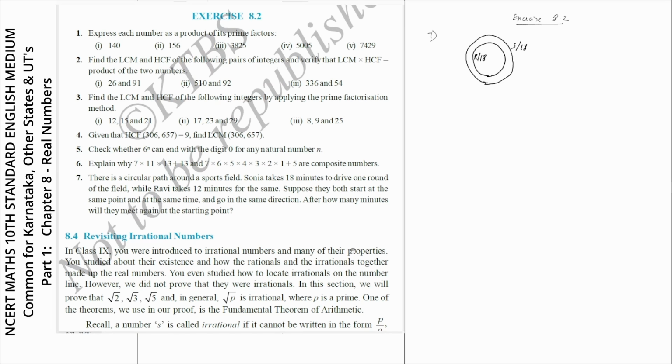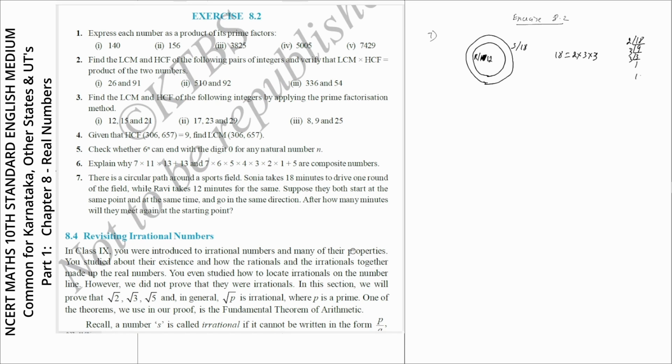So now to find this, I'll factorize 18 and 12. Sorry, Ravi is taking 12 minutes to drive one round. Factors of 18: 2 9s are 18, then 3 3s are 9, so 18 I can write as 2 into 3 into 3.